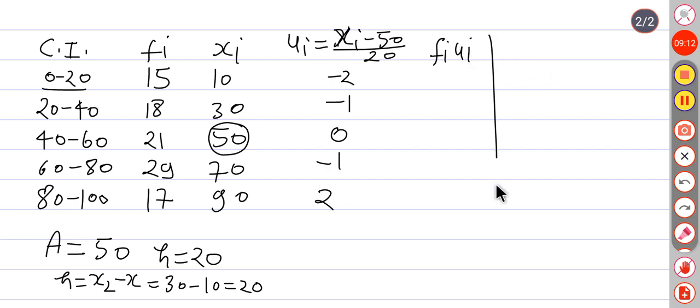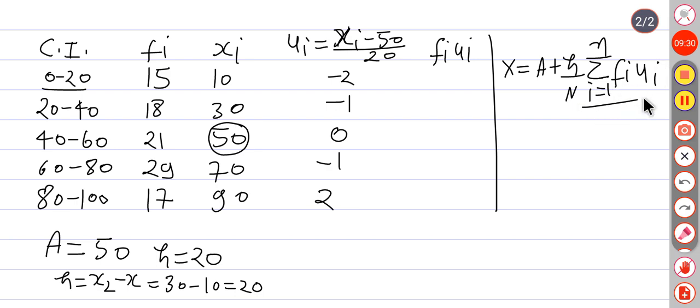Because the mean x bar is equal to a plus h upon n summation over i from 1 to n fi ui. This term you will require. n is the summation of all frequencies, and n is 100 if you add.